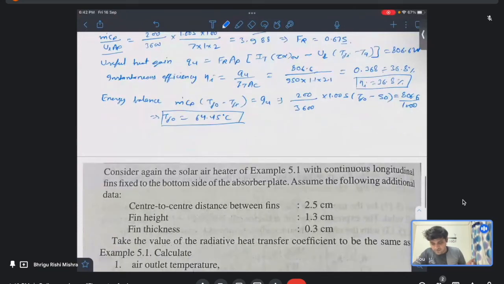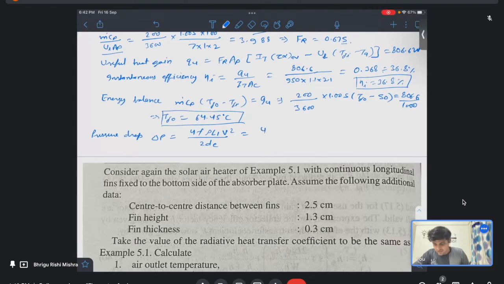Okay, now we need to calculate the pressure drop across the collector. Delta P is 4F rho L1 V square by 2D, and we can also put the F expression.